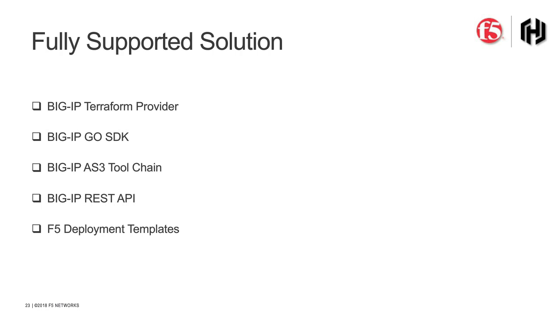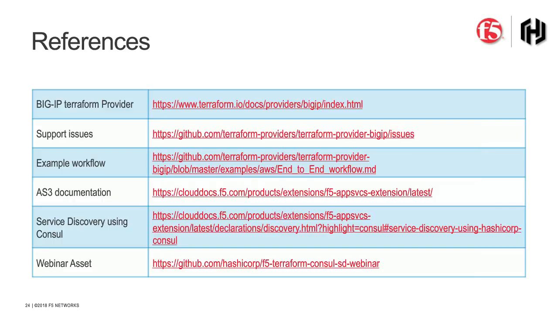Yeah, we already released a new version of the BigIP Terraform provider, that is 12.4, and for the AS3 RPM, you can use 3.7 onwards, it is supported, and for the BigIP version you can use 14.1. Does it answer your question?